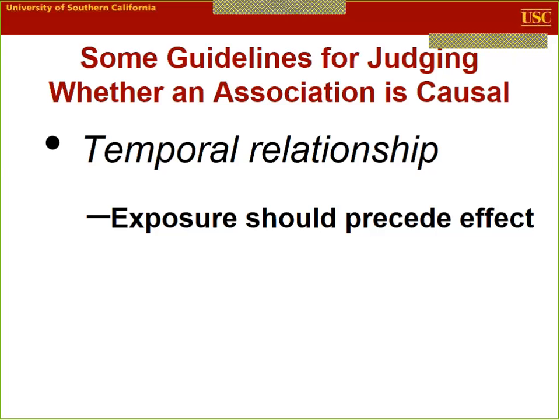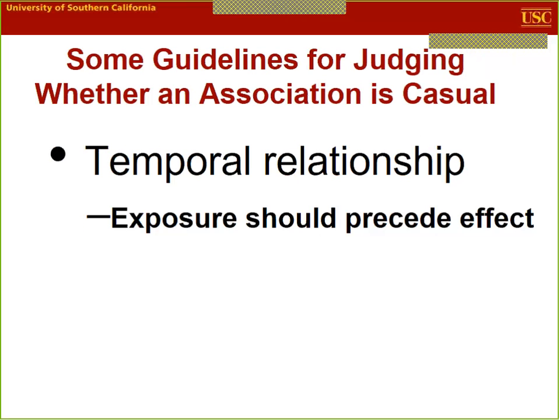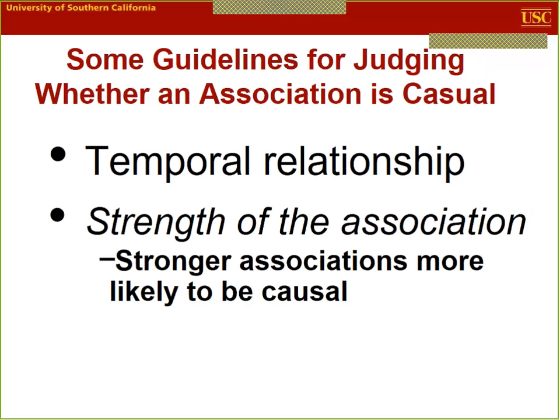Temporality we already talked about. In the case of smoking and disease, clearly there's no issue here. People begin smoking at a young age, long before at least many of the chronic effects emerge. Strength of association: stronger effects are more likely to be causal. That's not because stronger effects are more likely to be true.